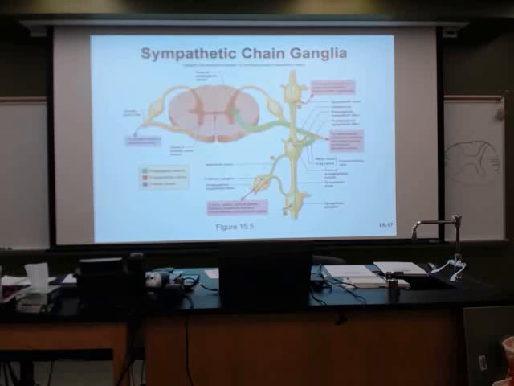Can you think of anywhere else in your body? We've got the skin. What it's doing there is getting to the blood vessels, which have the smooth muscle, and therefore affecting the blood flow.